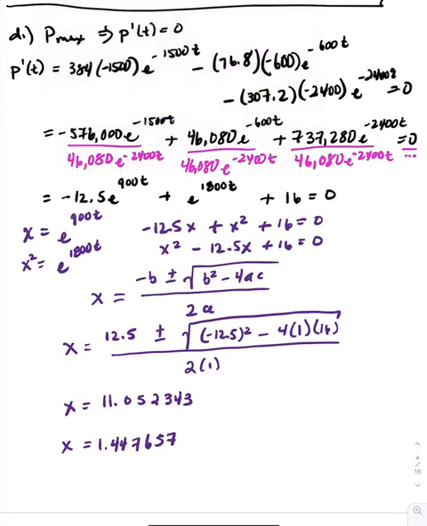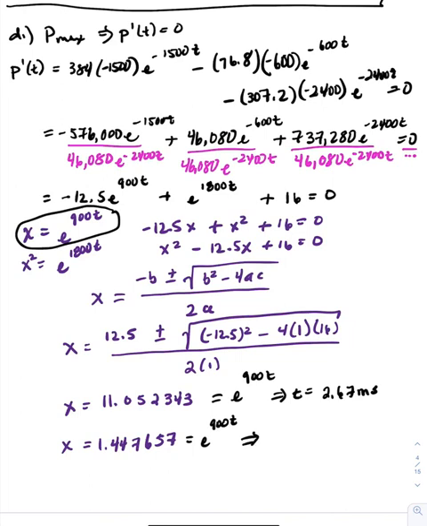And we had said up front that x was equal to e to the plus 900t. So here t is equal to 2.67 milliseconds, and solving for the other value, t is equal to 0.000411 seconds, which is 411 microseconds.